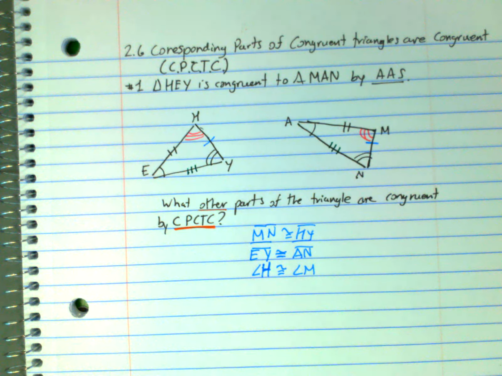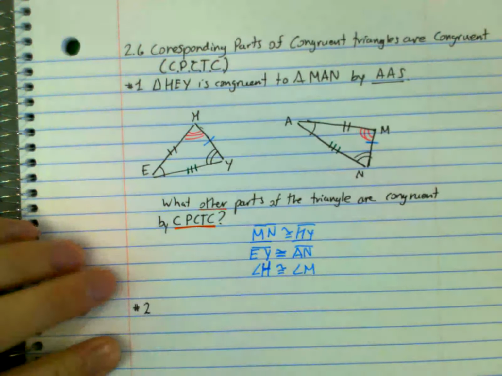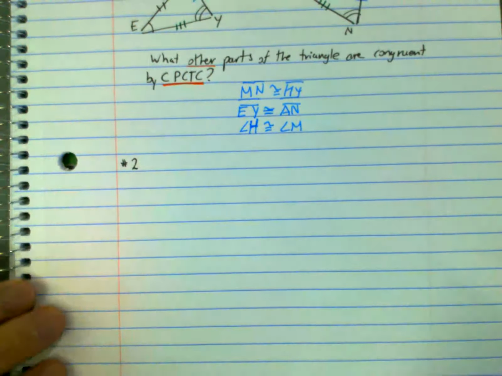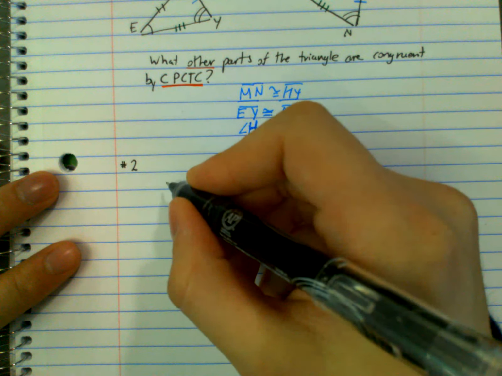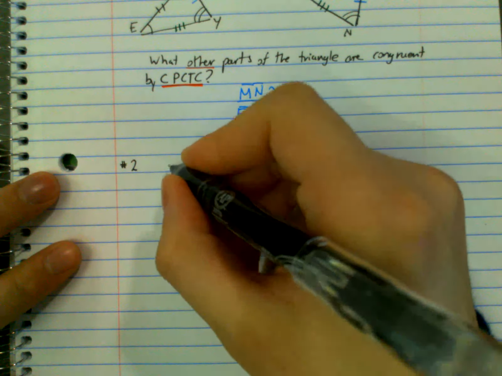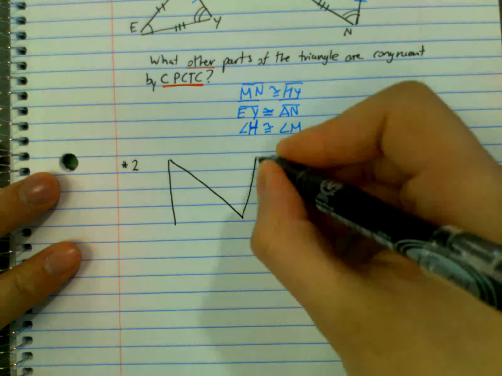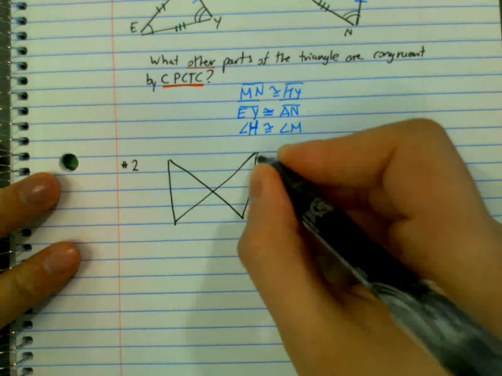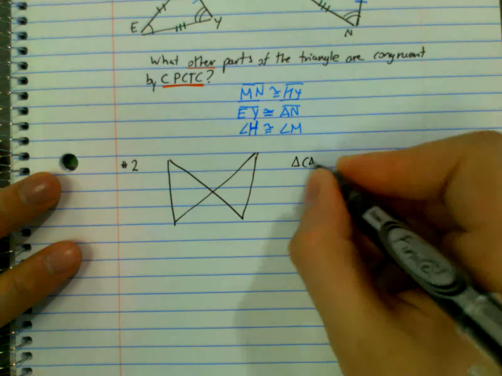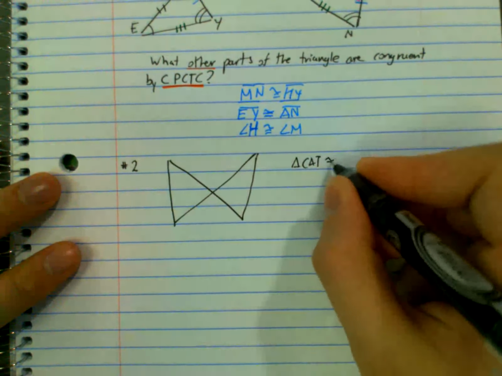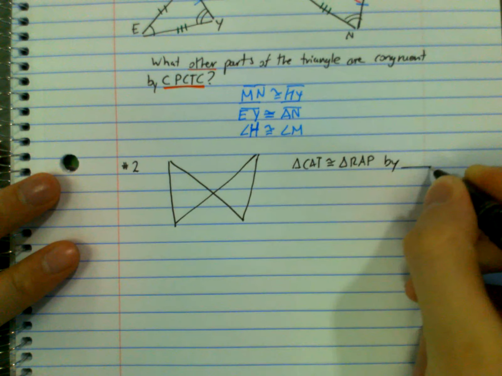So moving on, let's take a look at another example or another situation, number 2. So let's say I had two triangles, CAT and RAP. Okay? And I say that triangle CAT is congruent to triangle RAP by what is the question?